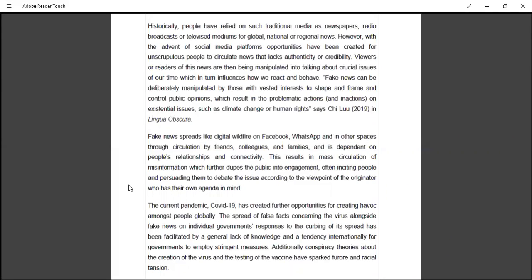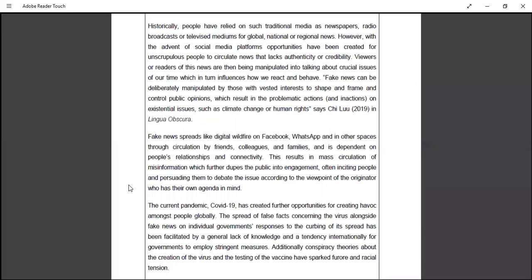Now go to the second paragraph. Fake news spreads like digital wildfire on Facebook, WhatsApp, and in spaces through circulation by friends, colleagues, and families, and is dependent on people's relationships and connectivity. Already now you can add the dot.